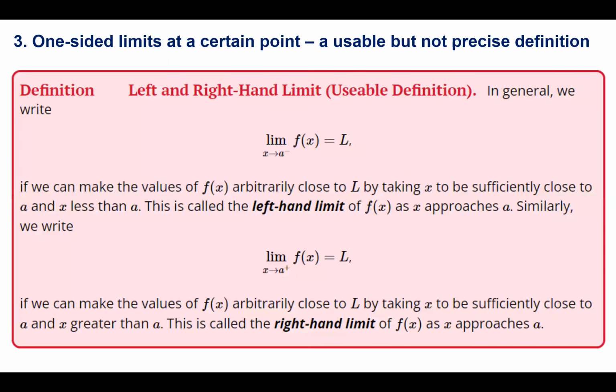All right, so based on this, we have just talked about the left and right hand limit, right? Let's give it a more formal definition. Again, this is not a rigorous mathematical definition, but a more intuitively usable definition.